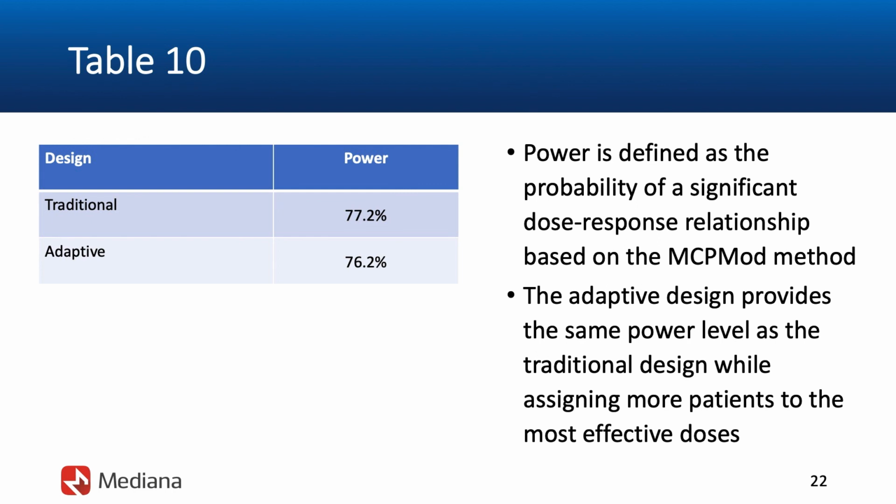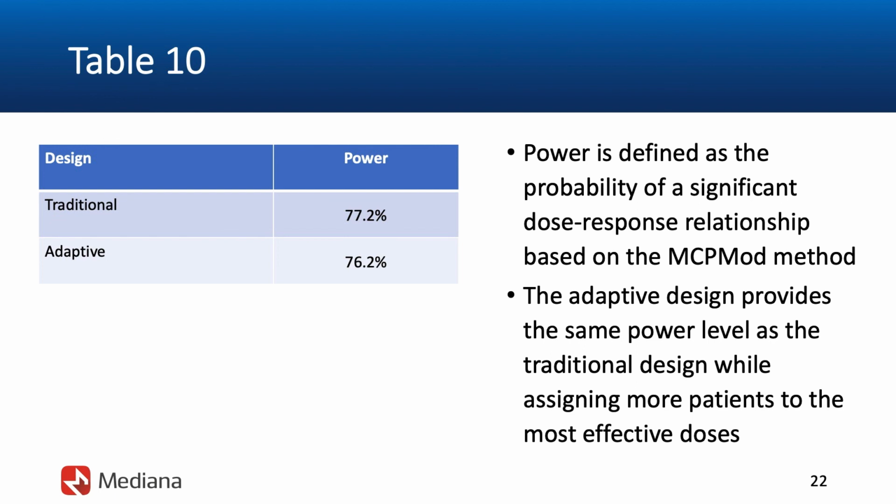And here, by the way, power is defined the way it is commonly defined in dose-finding studies. We rely on the probability of a significant dose-response relationship, and that probability is assessed using the model averaging approach derived from the MCP-Mod method.